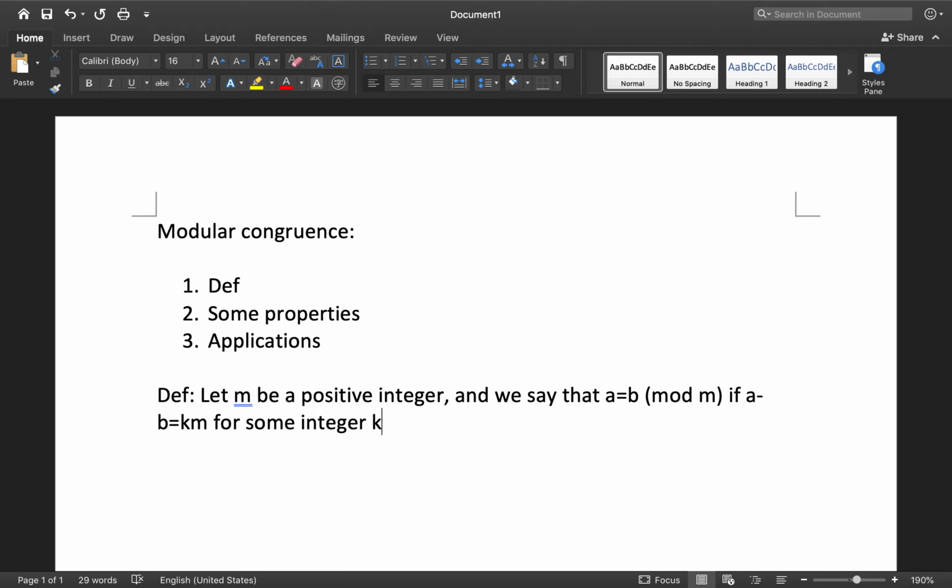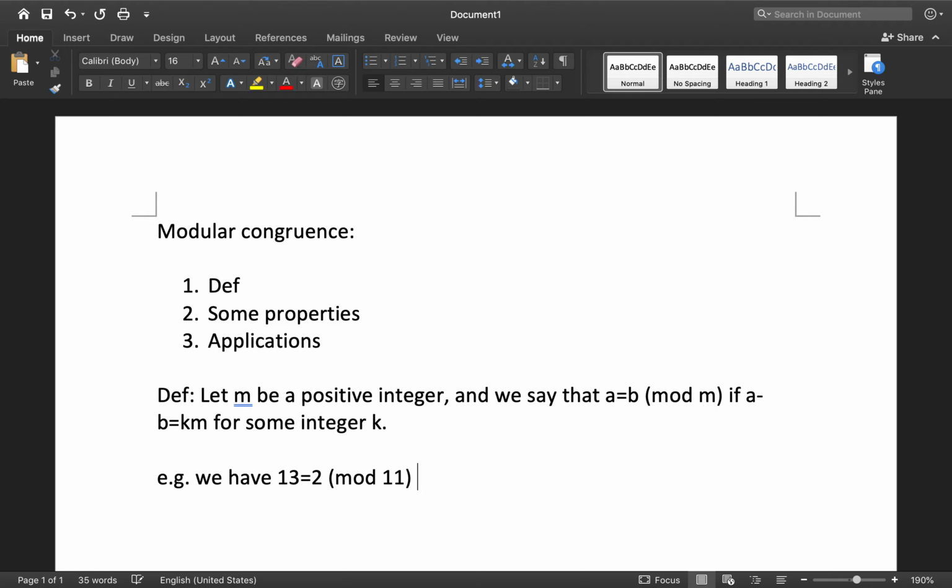So that is the definition of why we have two numbers being congruent. Actually that means the difference has to be divisible by that positive integer m. So for example, we have 13 congruent to 2 modulo 11.